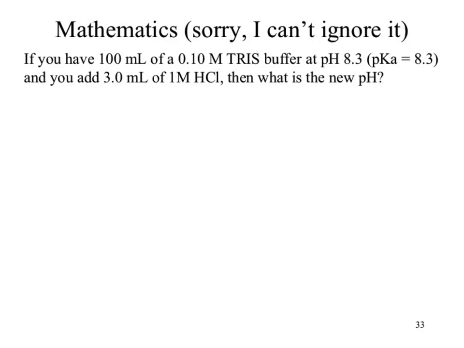And they get abbreviated down into these little acronyms like TRIS, or HEPES. So if we take a buffer of tris that is 0.1 molar, and it is established at a pH of 8.3, and I'm telling you the pKa of it is 8.3, and we add 3 milliliters of 1 molar HCl, then what's the new pH?